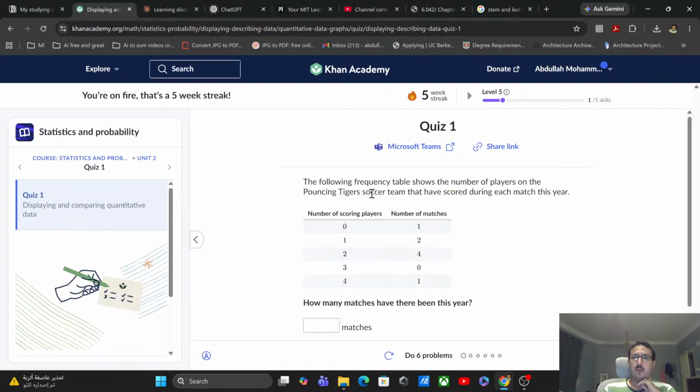Let's go. The following frequency table shows the number of players on the bouncing Tigers soccer team that have scored during each match this year. Number of scoring players, number of matches.